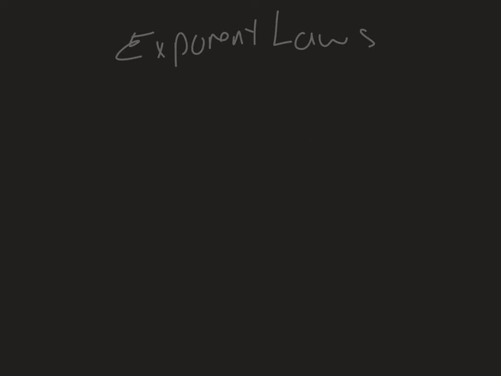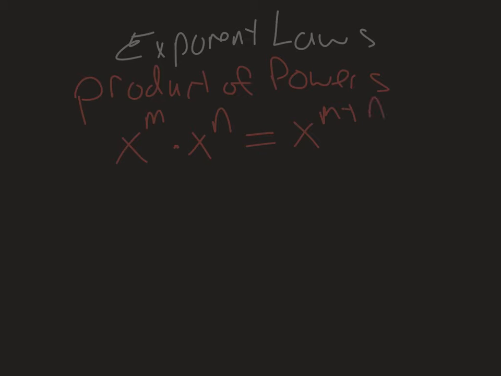So before we talk about multiplying monomials, let's talk about exponent laws. Just a quick review of a couple of them that we've seen before. So if we're talking about a product of powers, as an example, if I take x to the m power times x to the n power, that would be x to the m plus n.